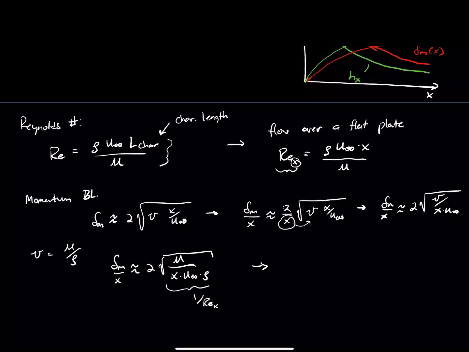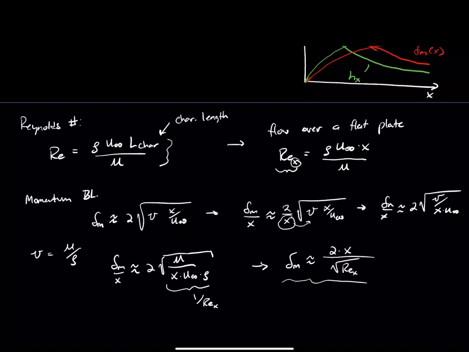So actually our approximate model here for the momentum boundary layer is delta_m approximately equal to 2 times x over the square root of Re_x. This approximate model is something you can use.